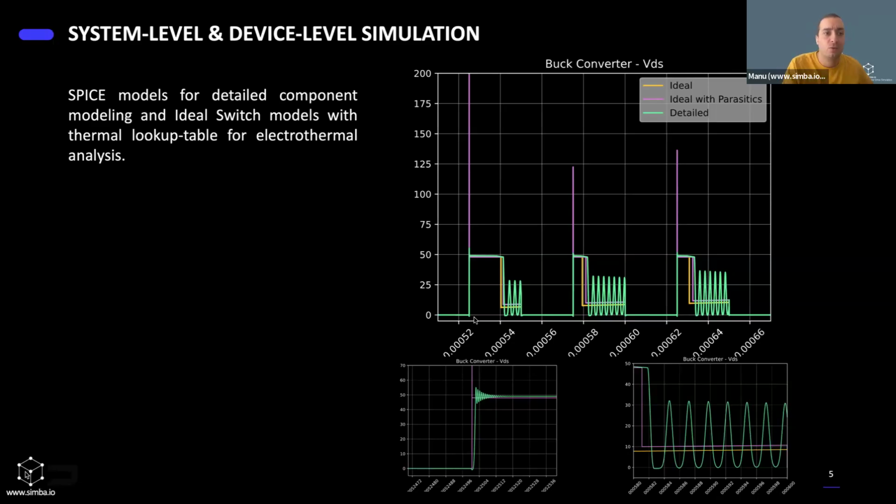We can use that for system level simulation, and we can also use that to run thermal analysis with lookup table, as we will do today. But if you look at the green curve, in Simba, you can also run detailed semiconductor models. You can create your own semiconductor model in Simba, or you can import SPICE models in Simba.